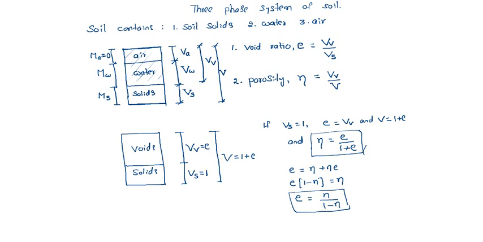If you observe here, void ratio e can be more than 1 also, as volume of voids can be more than volume of solids.